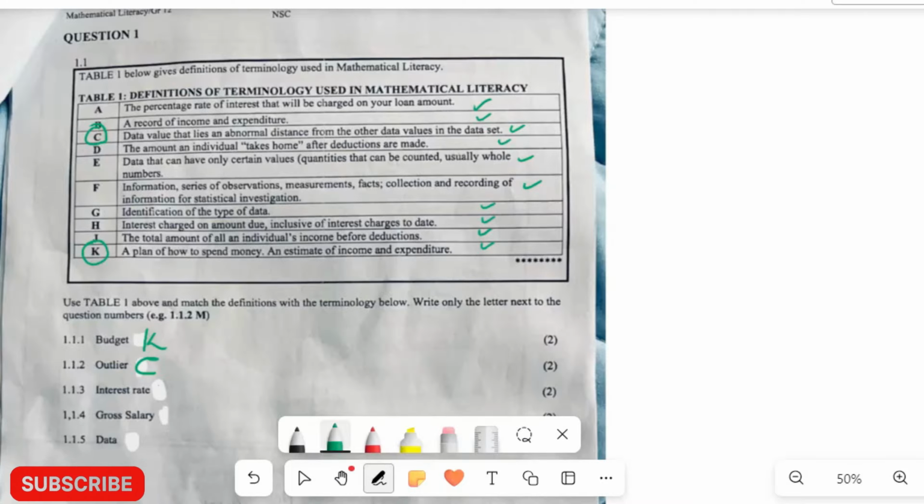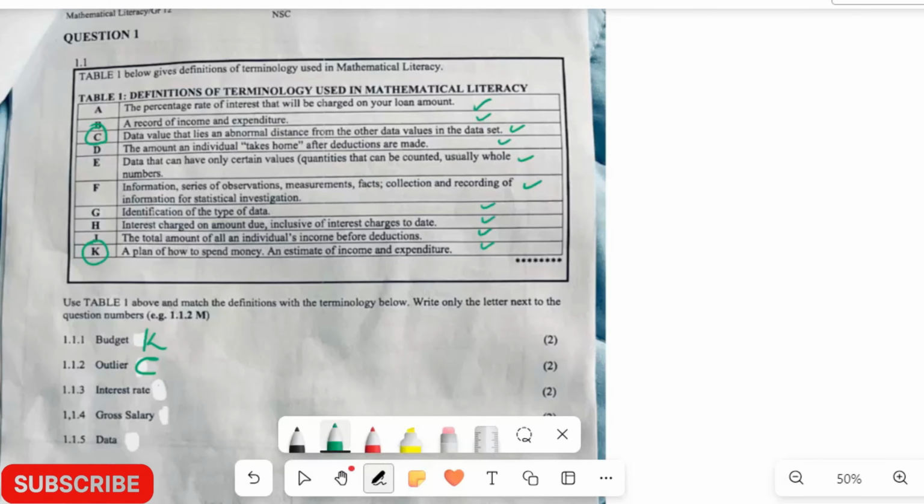Interest rate. That's 1.1.3. Interest rate is the percentage charged on a loan. Like you coming to me, you say, lend me 100 rands, and I lend you 100 rands, and I tell you that my 100 rands comes back with 20 rands extra. That is a 20% charge.